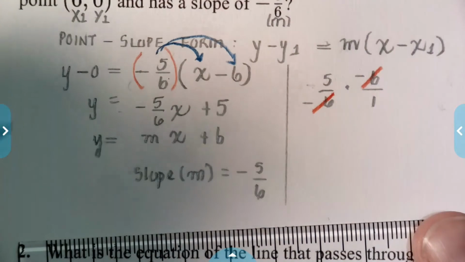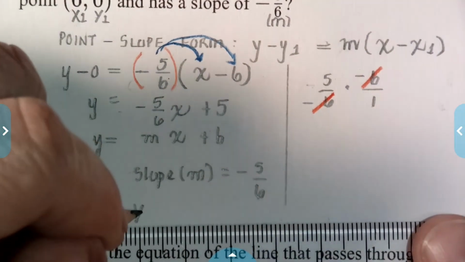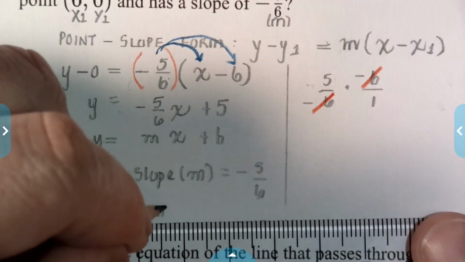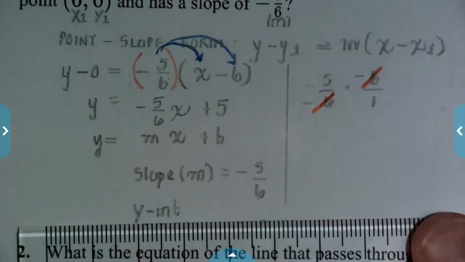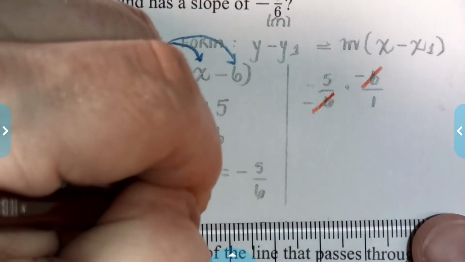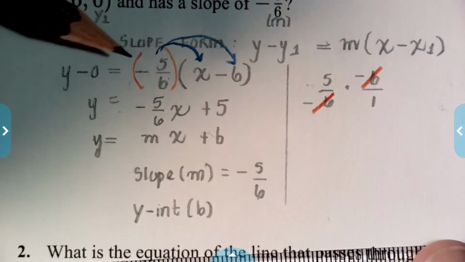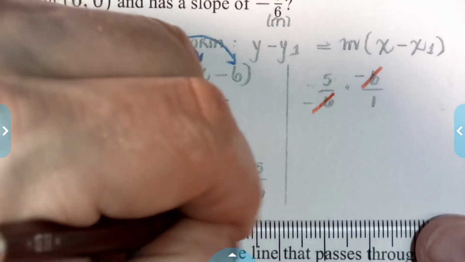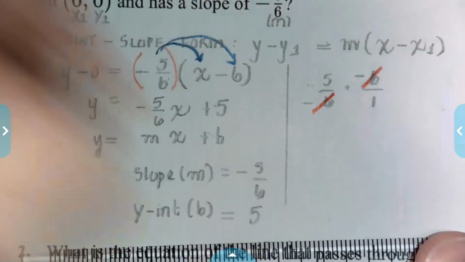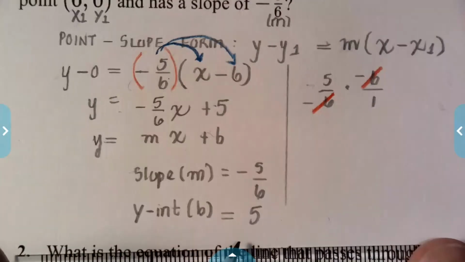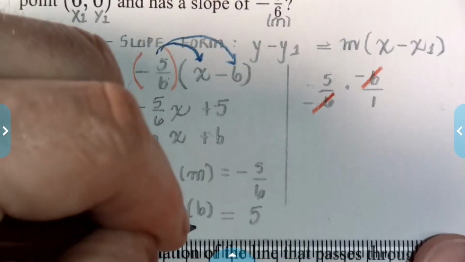And b, the y-intercept, is equal to 5, okay? And just so you know, the coordinates of that position would be 0, 5.